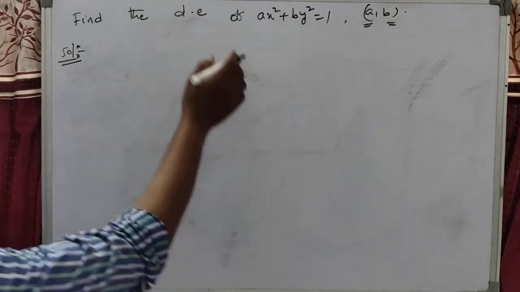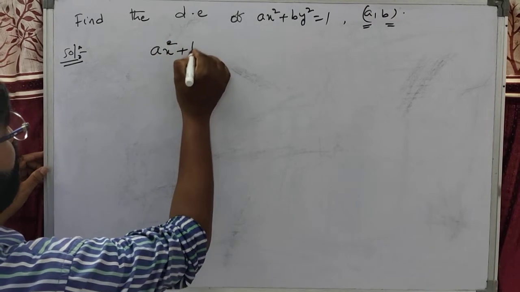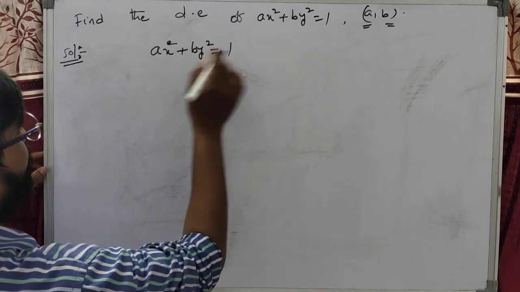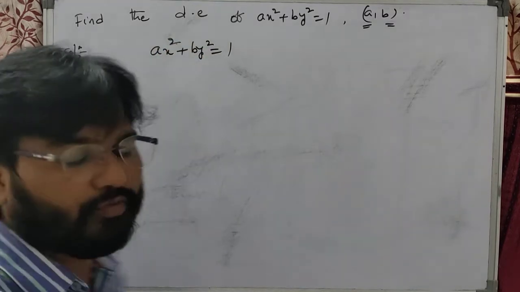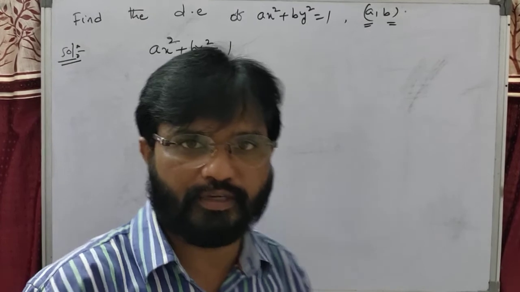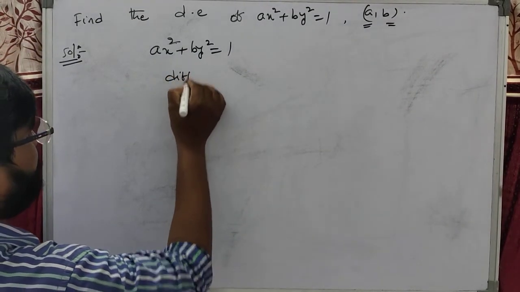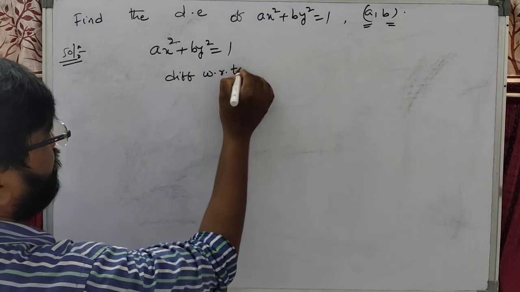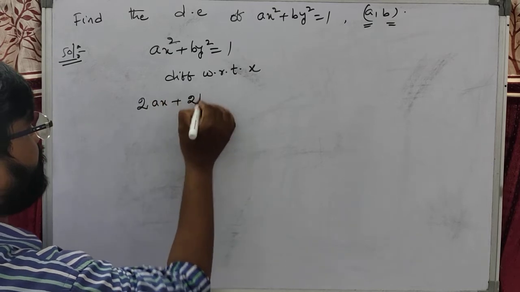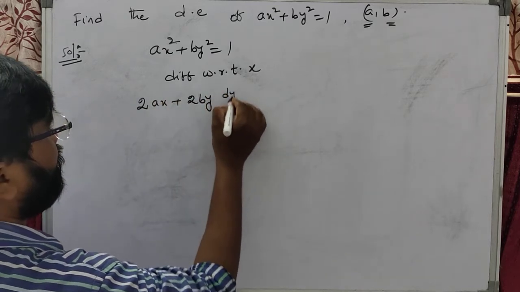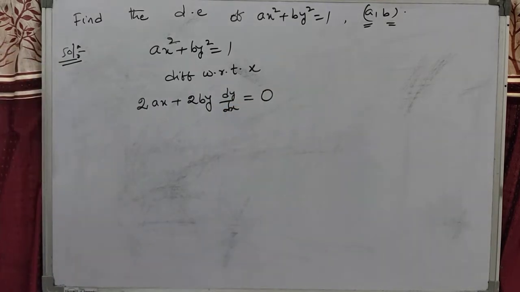Dear students, the given equation is ax square plus by square equal to 1. Now differentiating with respect to x, that is 2ax, this is 2by dy by dx, the derivative of 1 is 0.